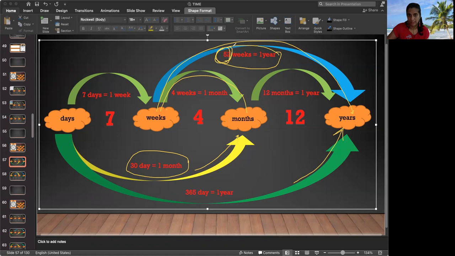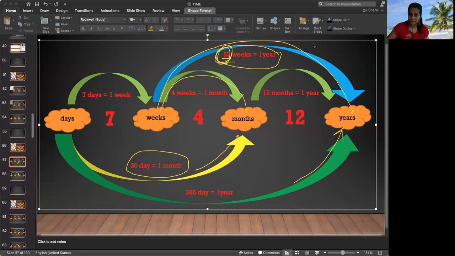If you took out your calendar and the week starts on Monday from 1st January, you just count how many Mondays there are. You will find that you'll have 52 Mondays in that whole 1 year. So this is an important number.